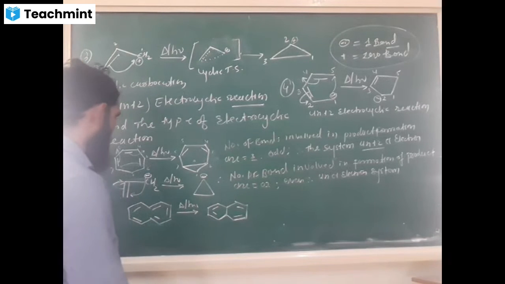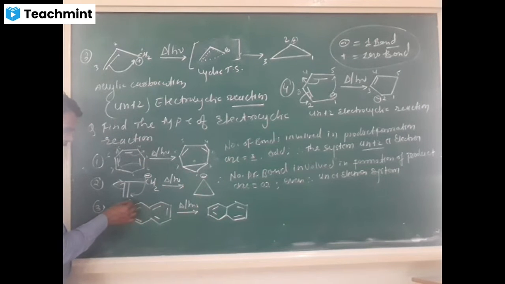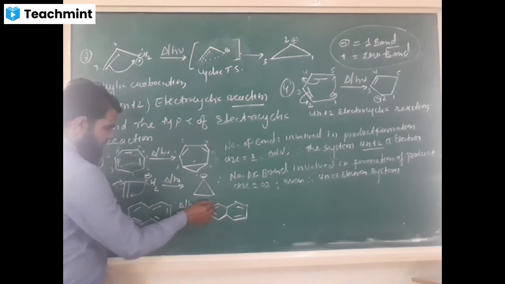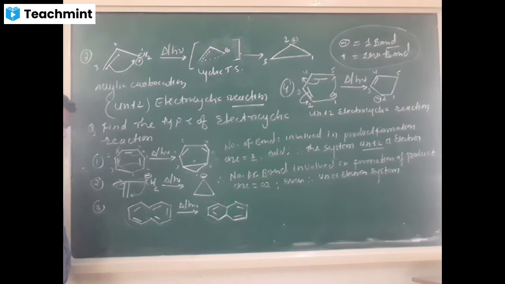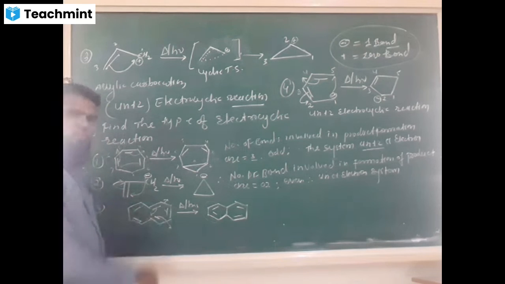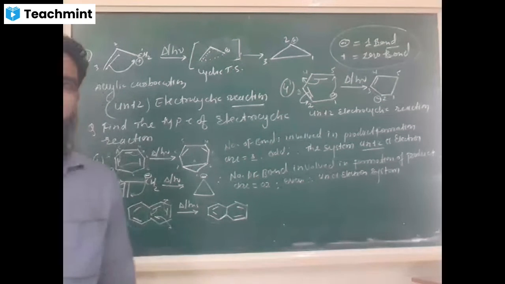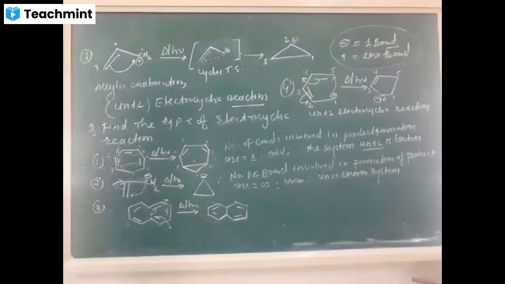Next, the last one is, these two pi bonds are intact, they are not moved anywhere, they are in the same position as here. So what is the difference? This bond will get converted into a sigma bond, another pi bond will be shifted over here, and this other pi bond is shifted over here. It means 1 2 3, 3 bonds are involved in product formation.